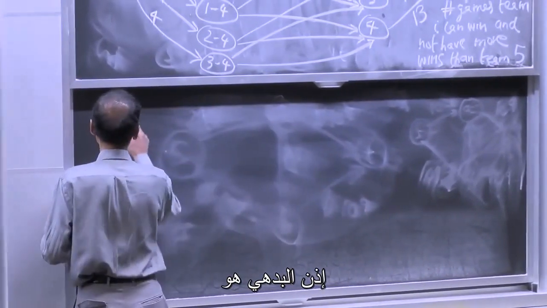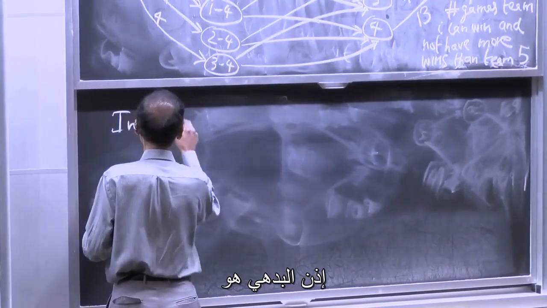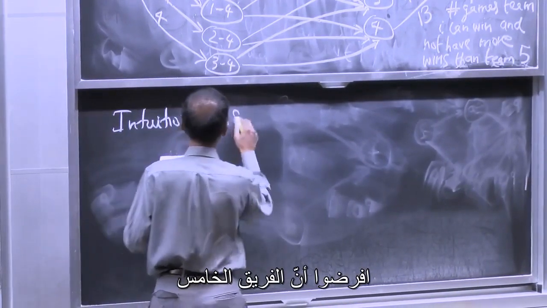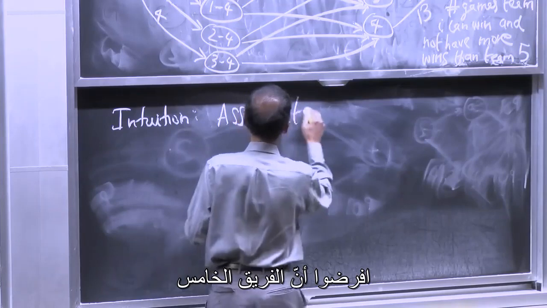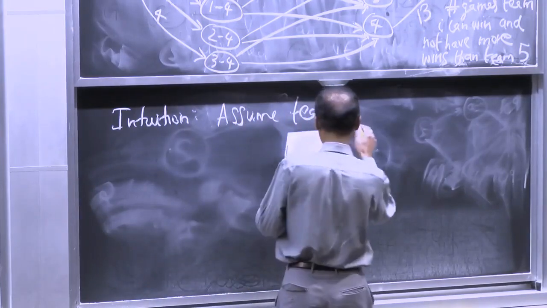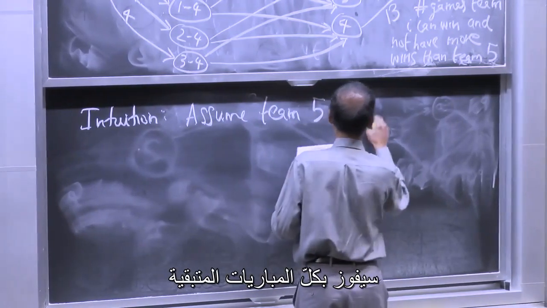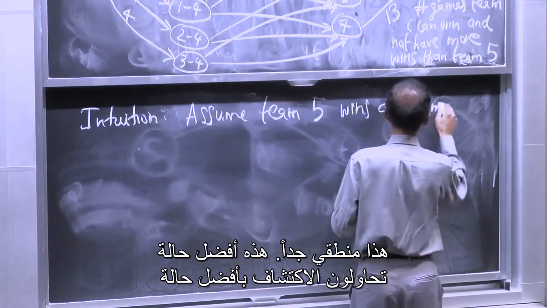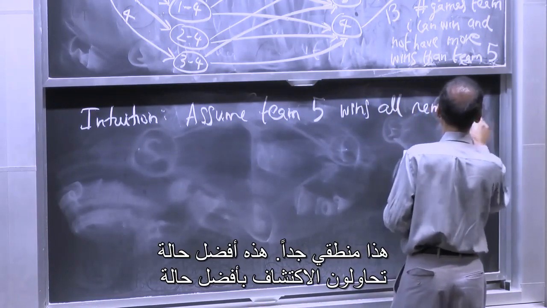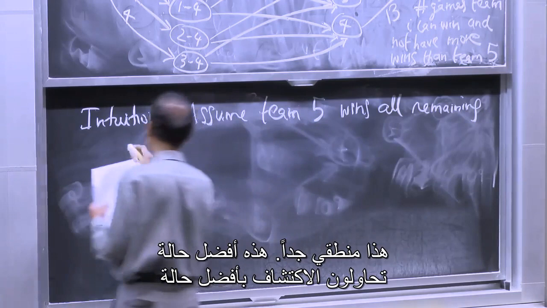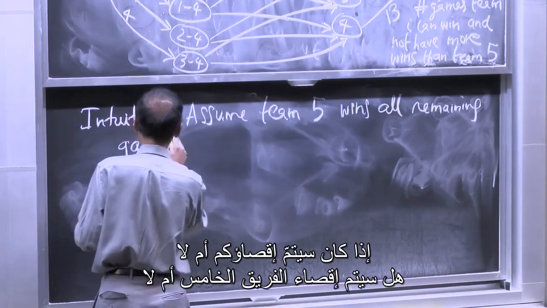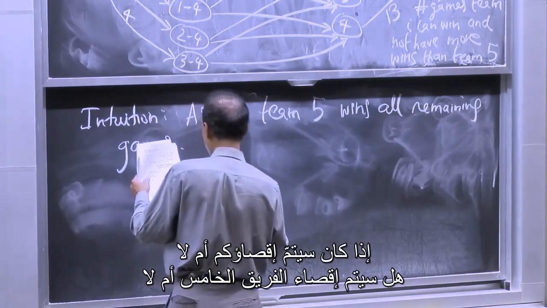So the intuition is: assume team 5 wins all remaining games. That makes perfect sense. This is the best case scenario. You're trying to figure out, in the best case scenario, are you eliminated or not? Is team 5 eliminated or not?